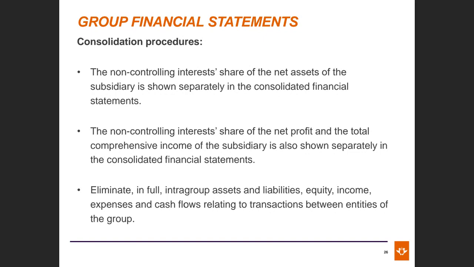Yes, in the individual books there could be intra-group assets and liabilities recorded, but when those two companies are consolidated, those intra-group assets and liabilities need to be eliminated. Okay, we'll have a look at an example of this.